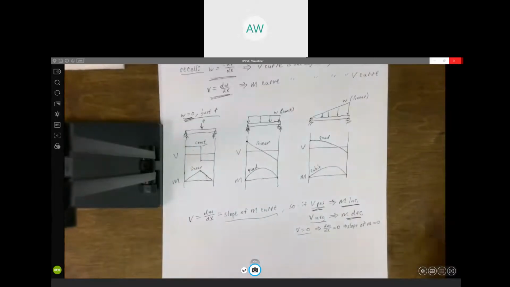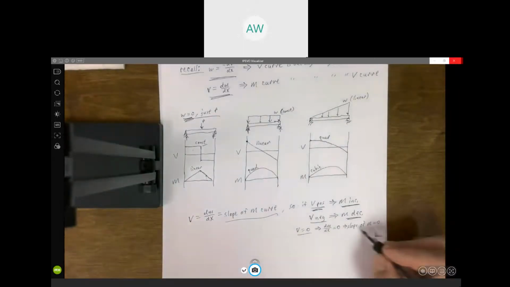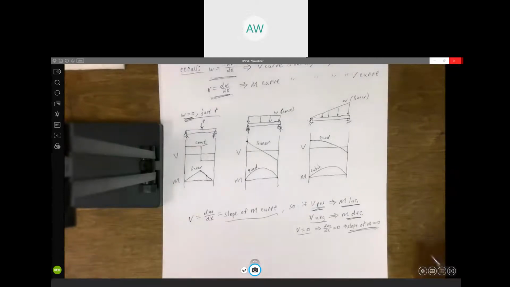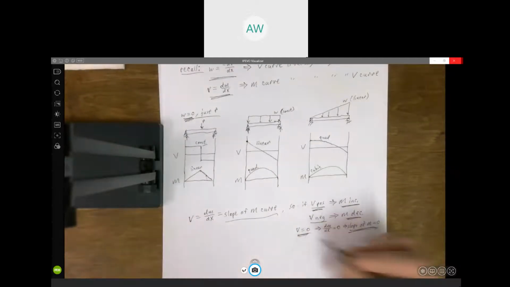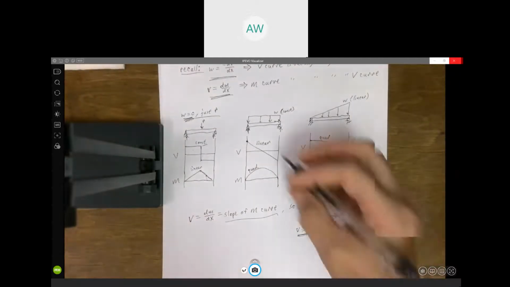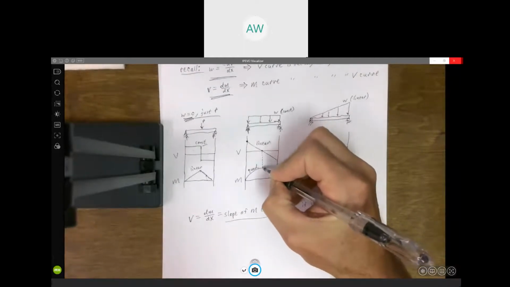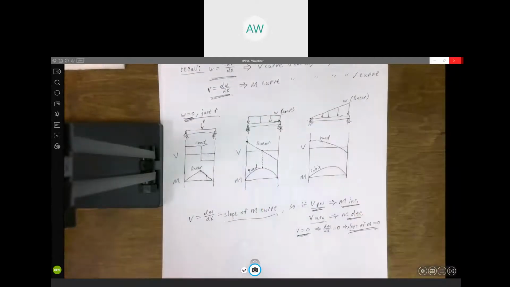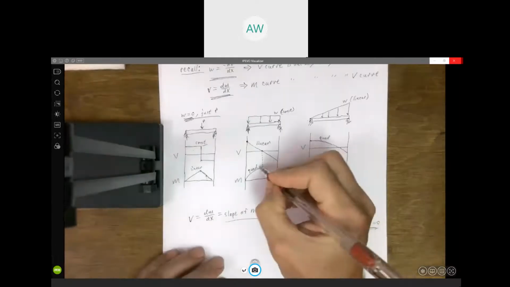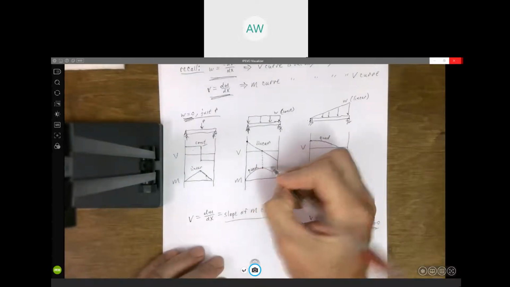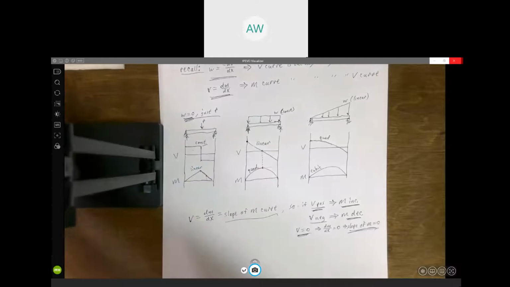That's how you identify local maximums and minimums, right? If the slope is 0, that's going to occur where V is 0. That's why when you look at these diagrams I drew, those two points line up where you would have a 0 slope.